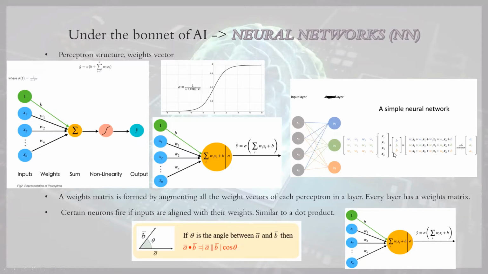There's also something called B here, which is called a bias. We don't have to worry about that for now. Just see that this is a succinct way to represent the matrix multiplication of all the neurons and the input, and you can write it in this matrix form.